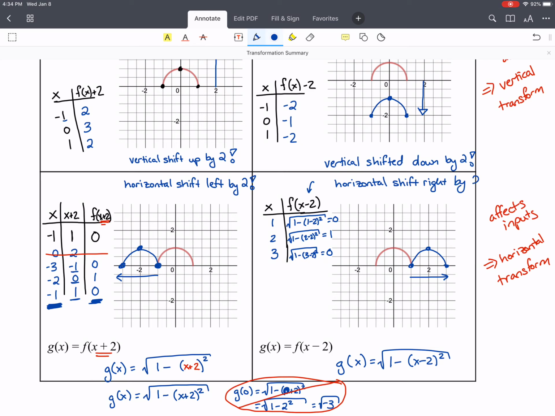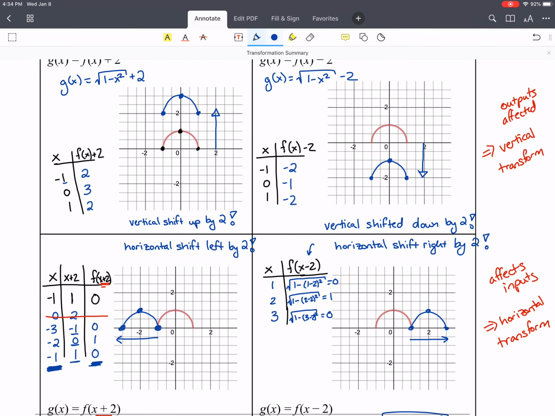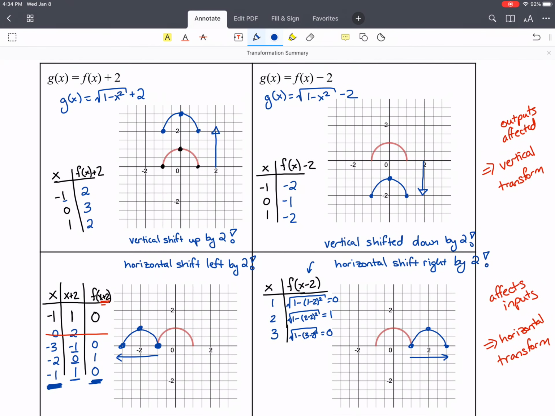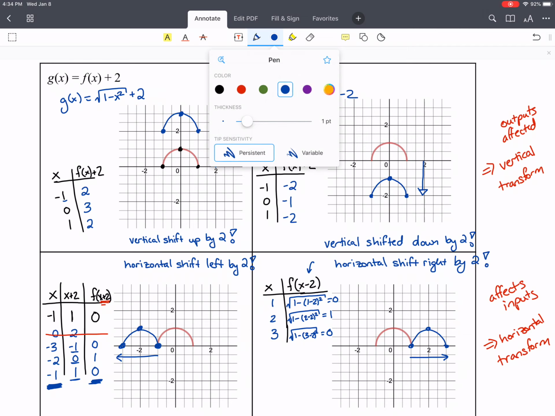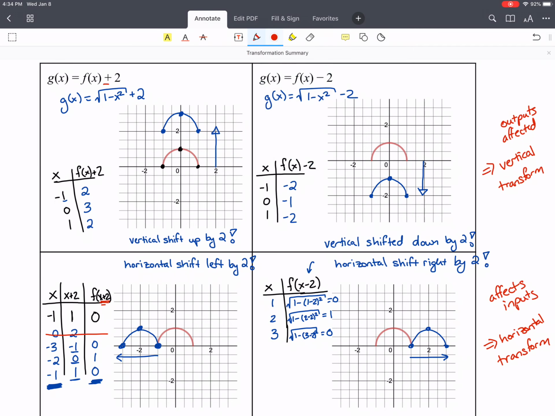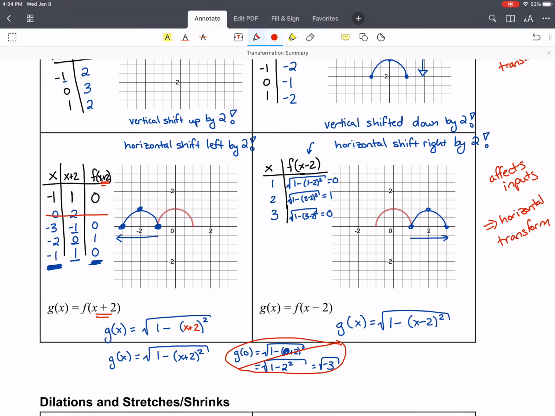Again, I affected the inputs, and so that moved my graph horizontally. Something to notice is that when I add 2 to the outputs, I shift up. When I subtract 2 from the outputs, I shift down. But when I add 2 to the inputs, I shift left.